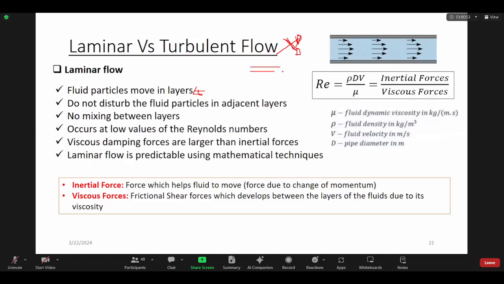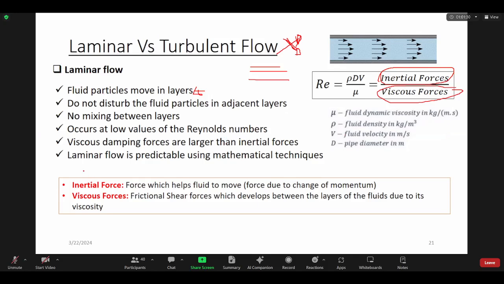It occurs at low Reynolds numbers. Viscous damping forces are larger than inertial forces, and inertial forces are very small in a laminar flow.